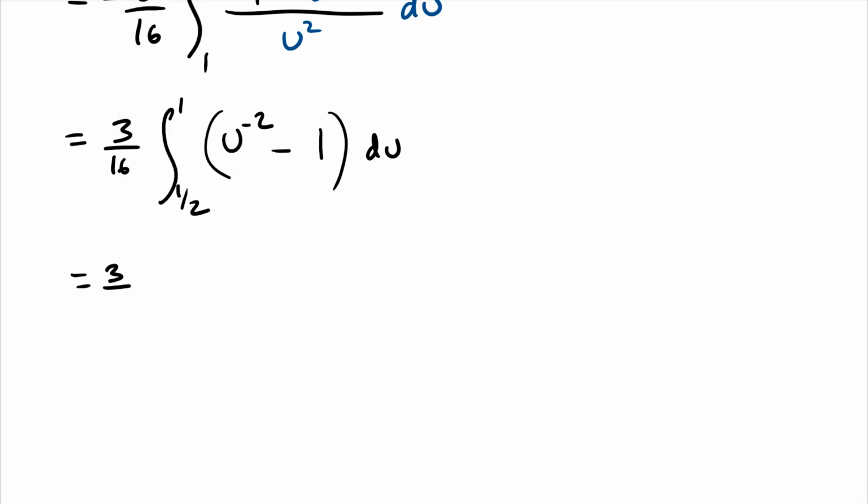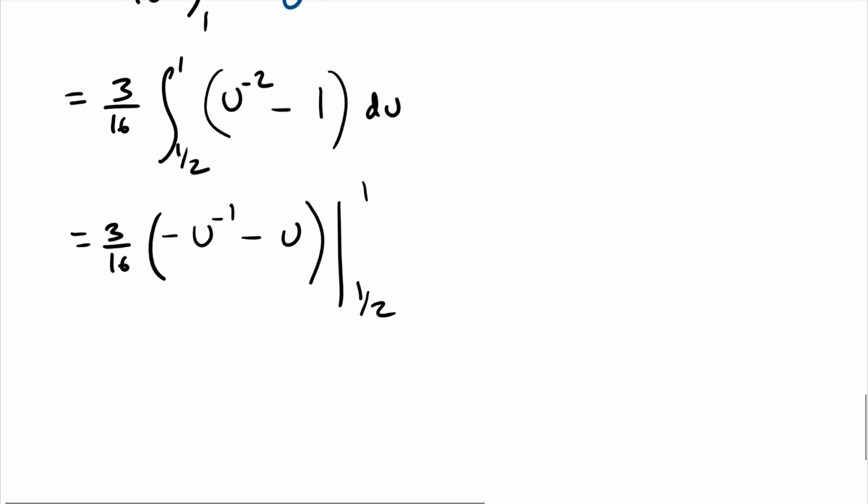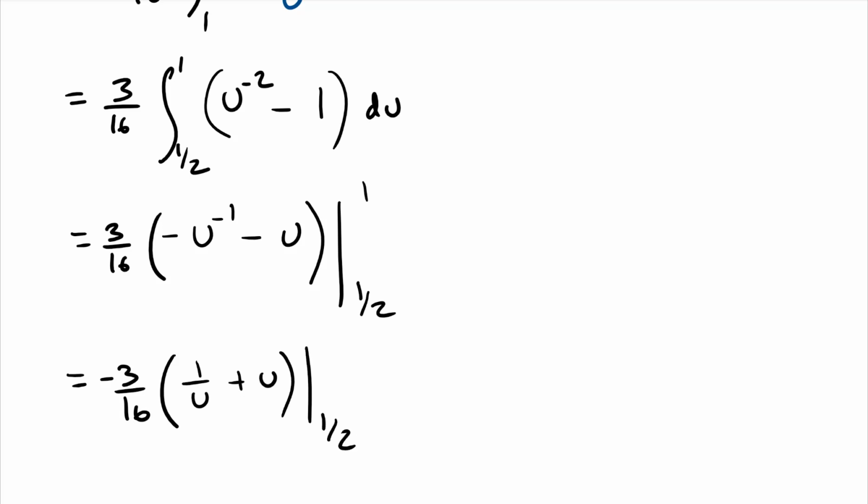So we get 3 over 16 times, all right, we're going to add 1 to our exponent, and then we're going to divide by that number. Just call it negative, and then we get a u, evaluated from 1/2 to 1. Well, that negative, there was no choice. It just ended up in there. Let's factor out that negative, and we get negative 3 over 16 times 1 over u plus u, evaluated from 1/2 to 1. All right, there we go.